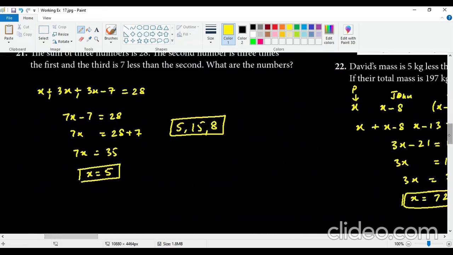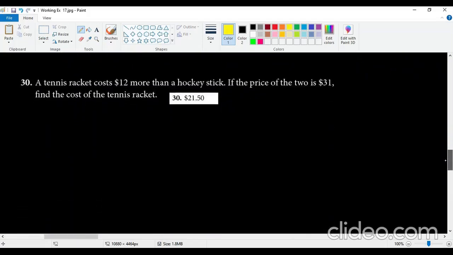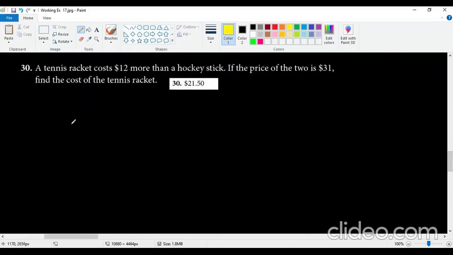is question number 30. A tennis racket costs 12 more than a hockey stick. That means the price of hockey is x, and the tennis racket is 12 more. That means the value of this one is going to be x plus 12.